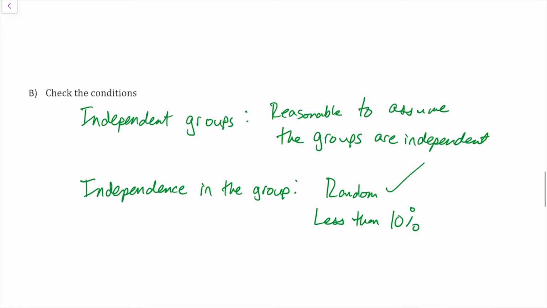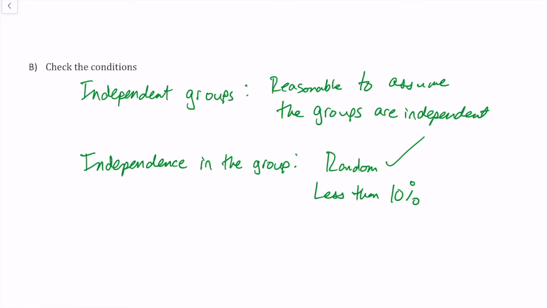Well, we sampled a total of 20 customers. We got 20 bills. So therefore, 20 is a lot less than what could potentially happen at that restaurant, or just in general, people going out and eating. So yes, we have randomness. We have less than 10% sampled. So independence within the group is satisfied. And we've already previously said independence between the groups is satisfied.